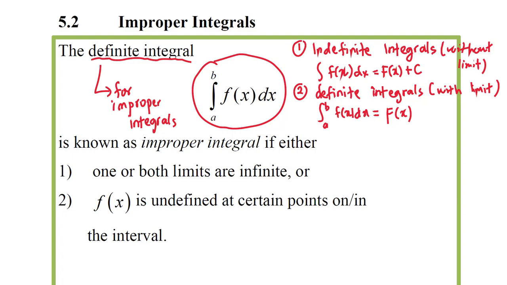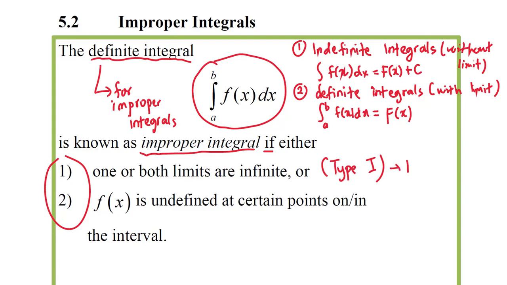This integral is known as an improper integral in two types. The first type we call type 1: one or both limits are infinite.